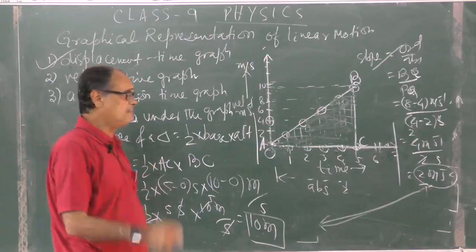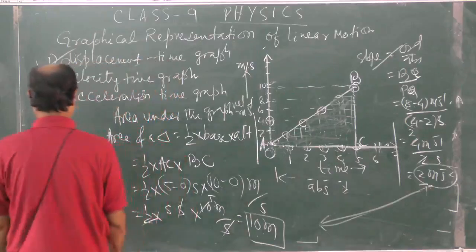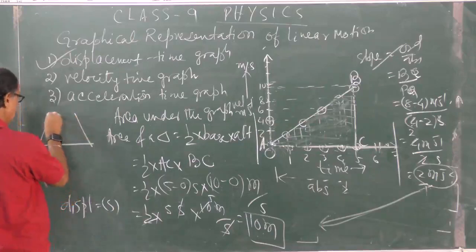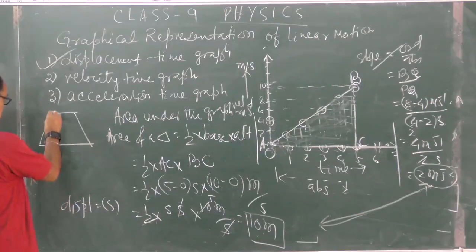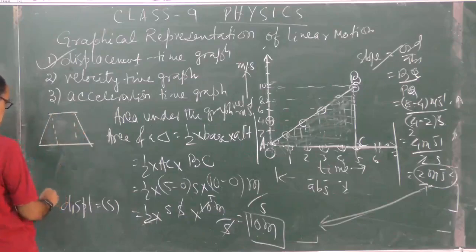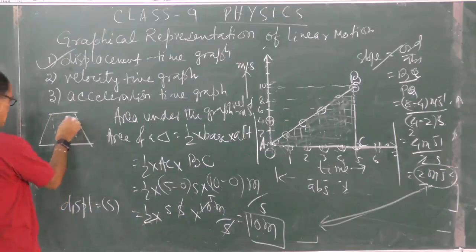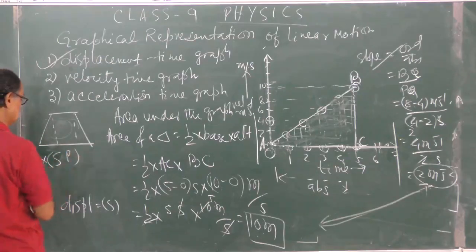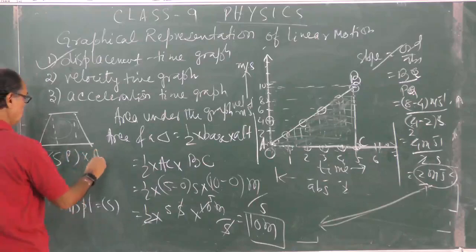Had this been a trapezium, it will have two unparallel sides, a quadrilateral with two parallel sides. Here the height is the same. For this, the area formula is half into the sum of the parallel sides into altitude.